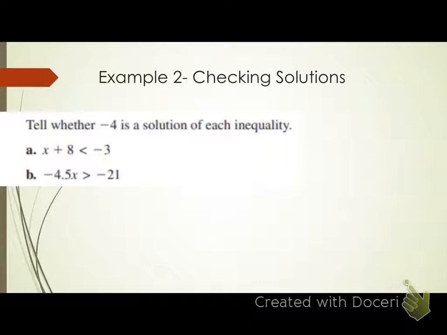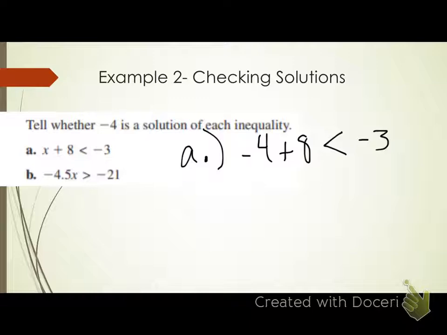So it says, tell whether negative 4 is a solution of each inequality. So I'm going to take negative 4 and plug it in for x in letter A, and plug it in for x in letter B. So letter A, negative 4 plus 8 is less than negative 3.